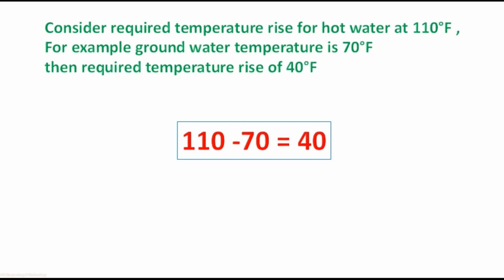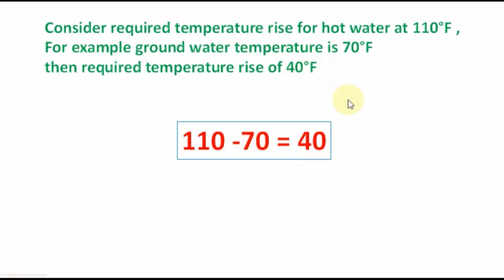For this calculation, let us consider the required temperature for hot water at 110 degrees Fahrenheit, and the groundwater temperature available in our area is 70 degrees Fahrenheit. Then the required temperature rise will be 110 minus 70 equals 40 degrees Fahrenheit.